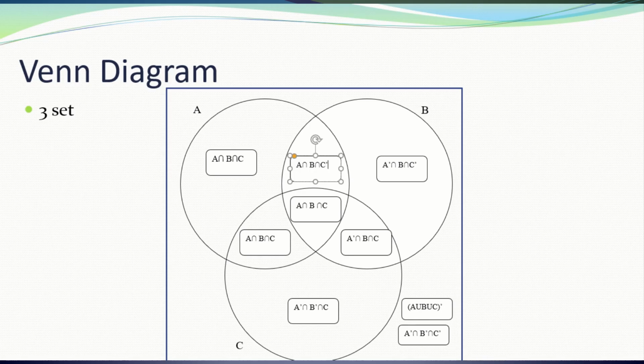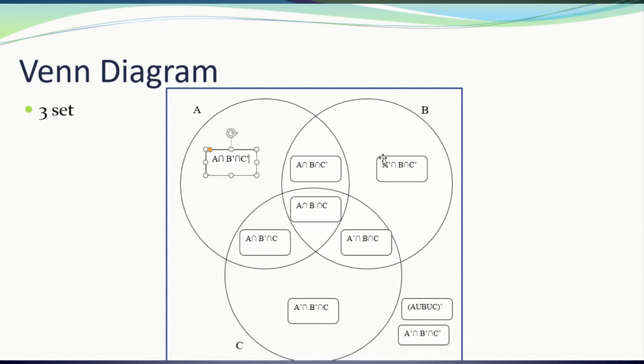Here, you only want A and C. B is not included, so you put a prime on B. Here, you only want A, so you don't want B and you don't want C. You put the apostrophe, or in other words the prime, on B and C. Same goes for this.